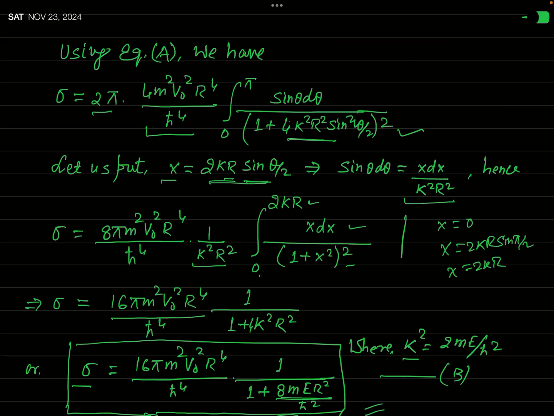This is the expression for the total scattering cross section when the scattering takes place by the Yukawa potential, in accordance with the Born approximation.